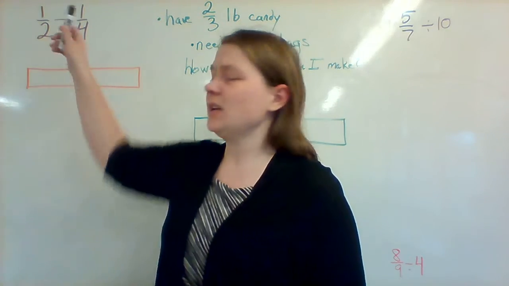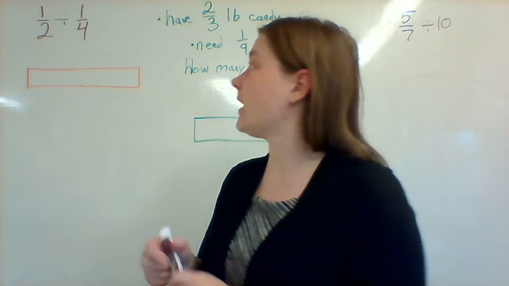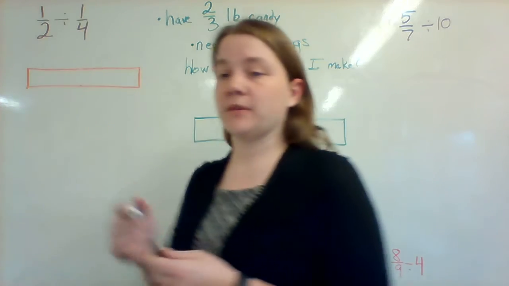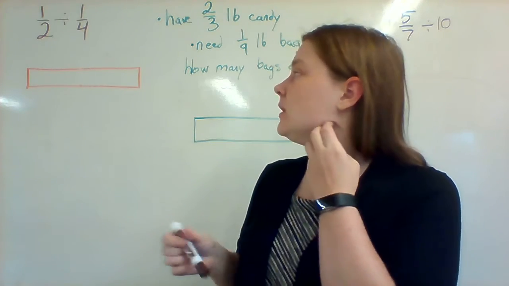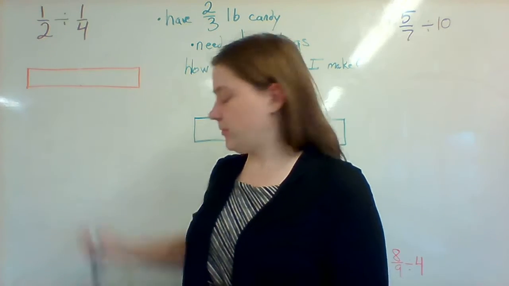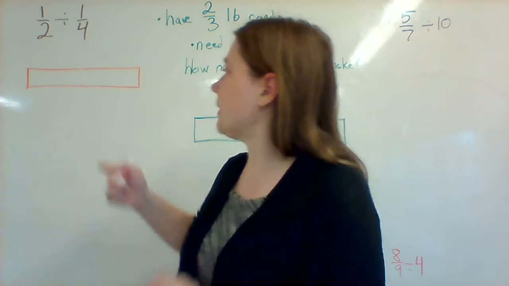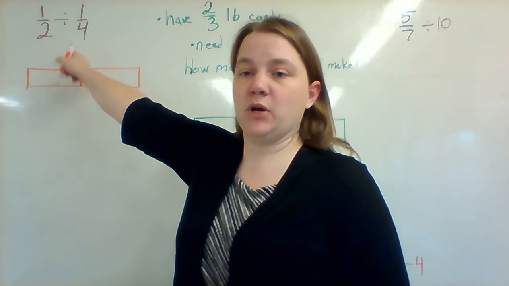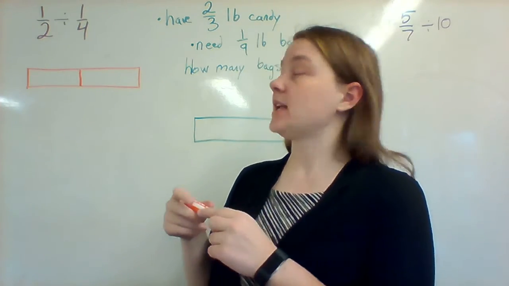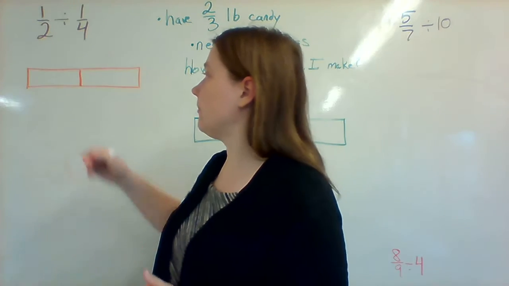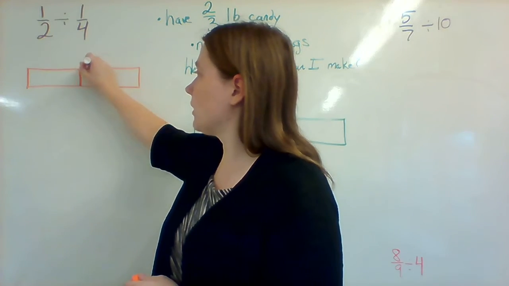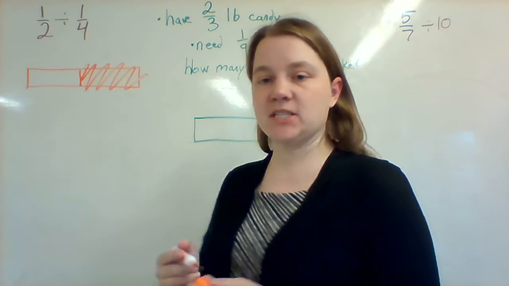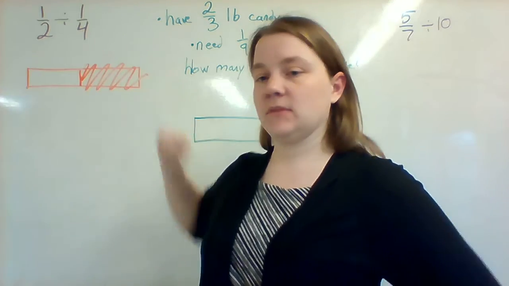So, in the example 1/2 divided by 1/4, what we need to do is we have one whole here. But we're only talking about 1/2 of it, because we only have a half that's being asked for at the beginning of the problem, which means that essentially we're going to ignore this other half. We're just going to get it off the chart.